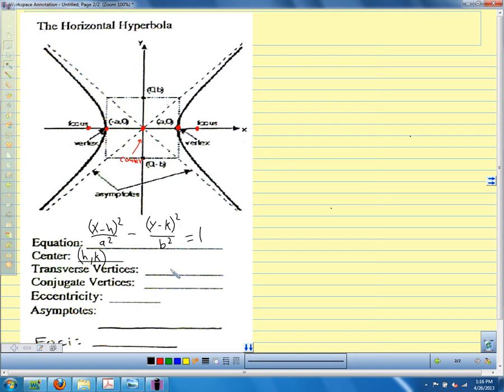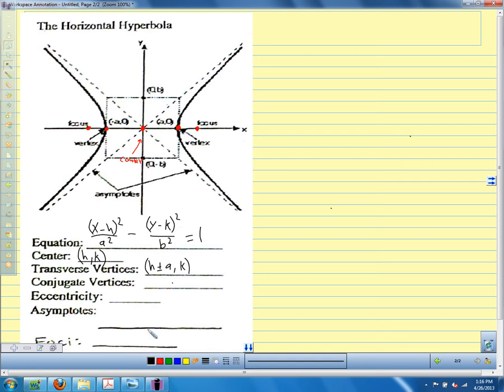So our transverse vertices are (h plus or minus a, k). So we're moving to the left and the right of the center by a units to get to our transverse vertices. And that's these two points here.